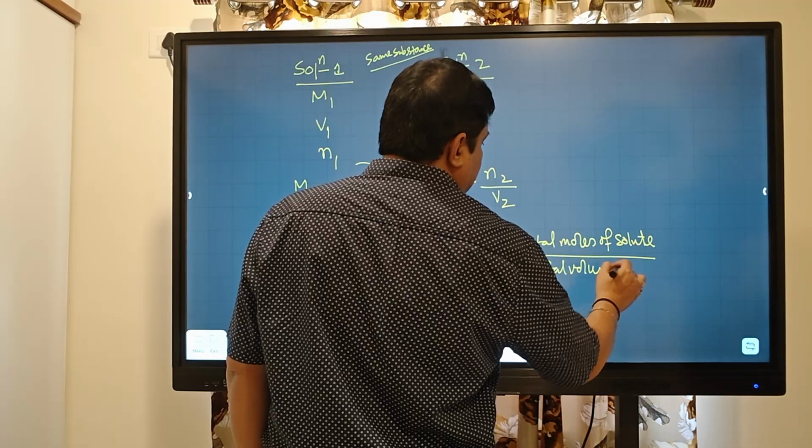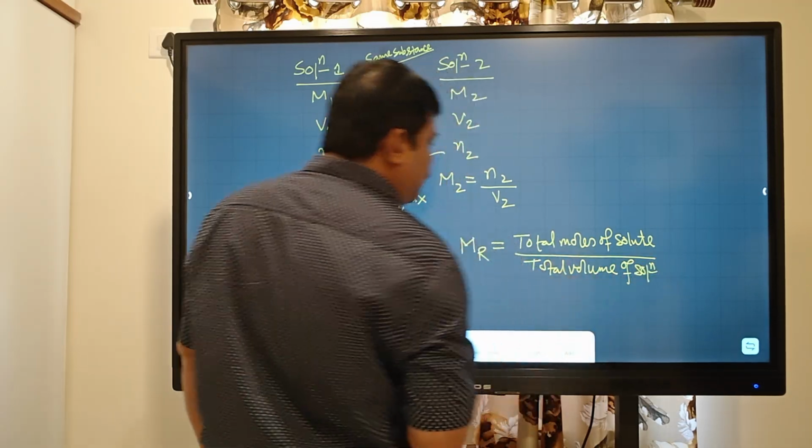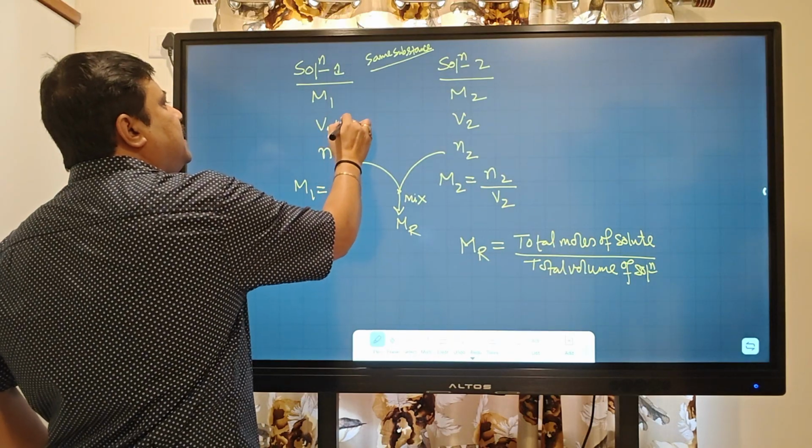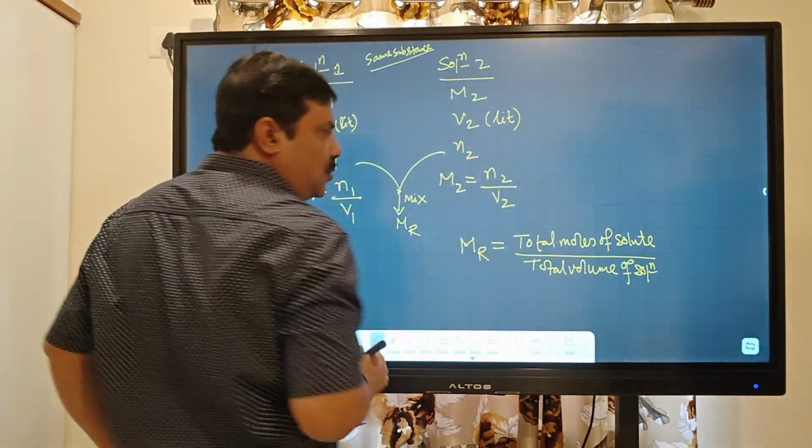Both volumes are in liters, so there is no problem.